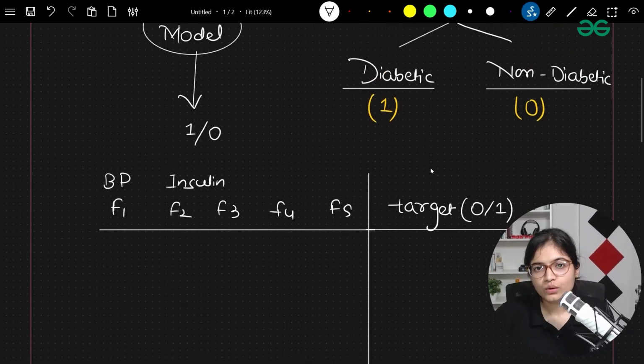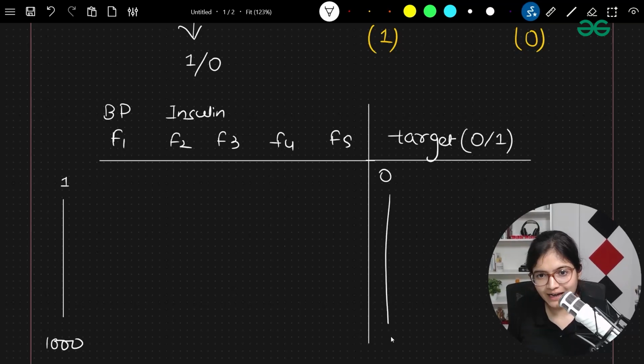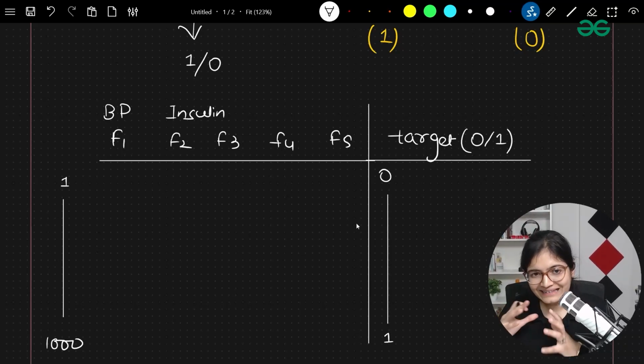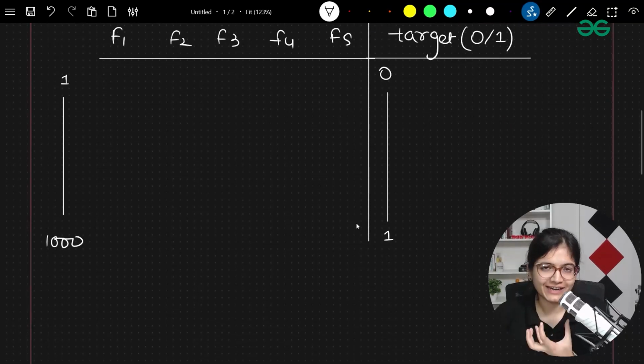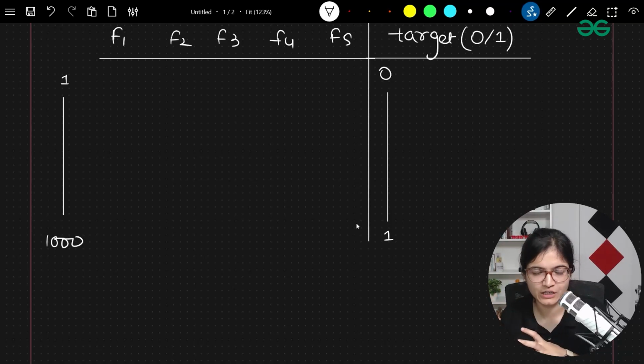Now, for example, if you have 1 to 1000 records, for each of them you have a target value which is labeled as either 0 or 1. And then you provide training to the model, splitting your data into training and testing. How the complete flow will go, I'll explain in the later sessions also.